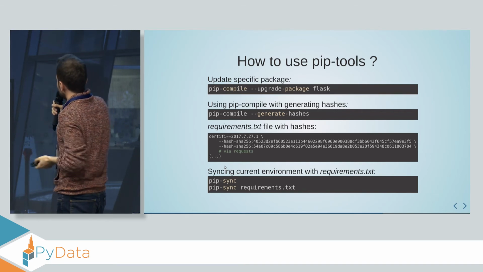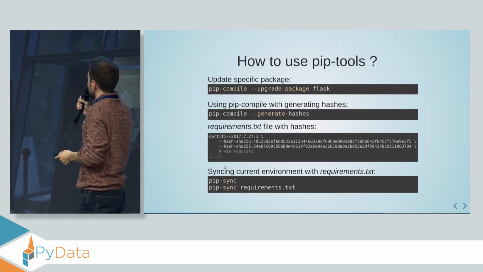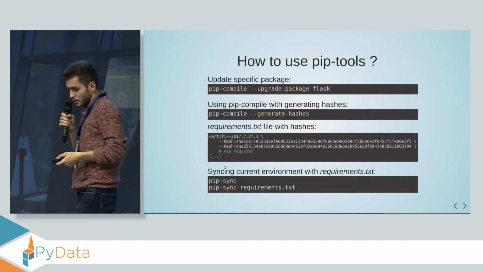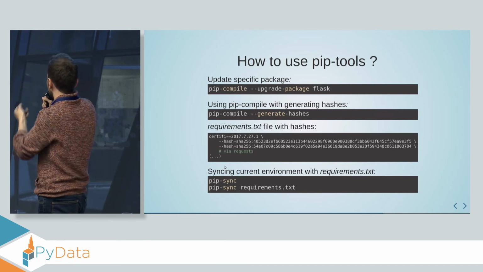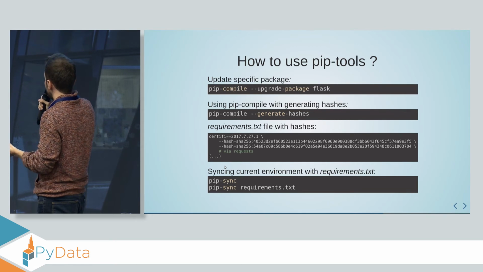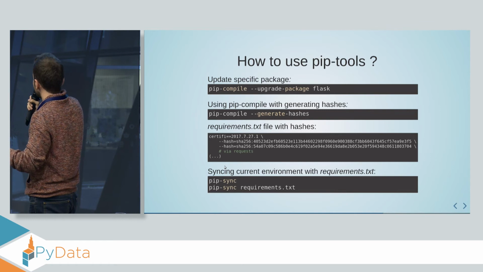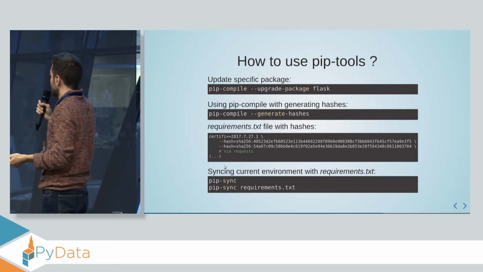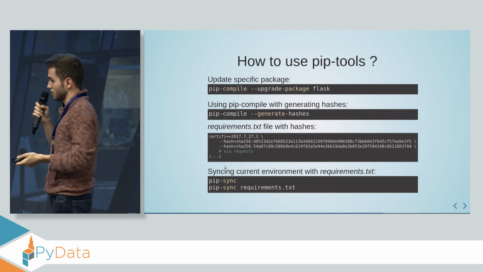We can also use the --generate-hashes flag, which will, in addition to pinning your versions of dependencies, also create hashes for the packages. So if someone is tampering with the package on the PyPI, for example, and the version number is the same, but the package is different, the hashes won't match, and it won't be installed.